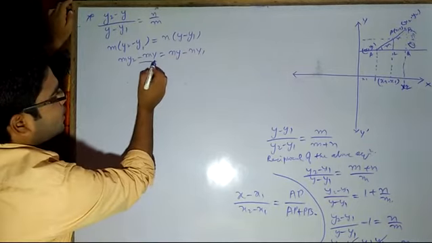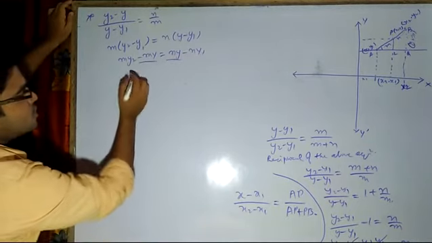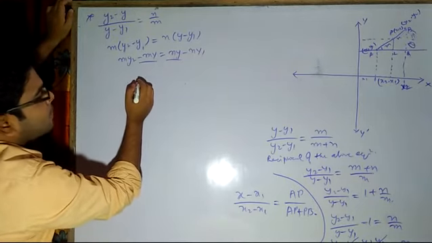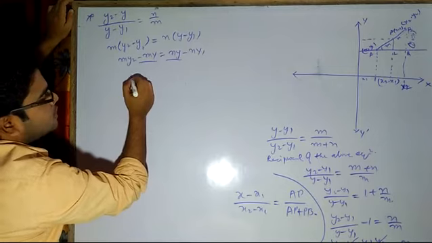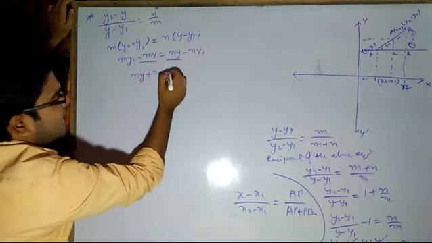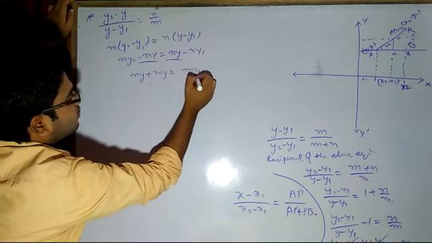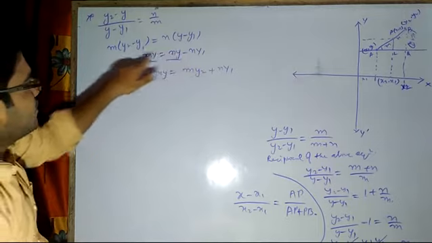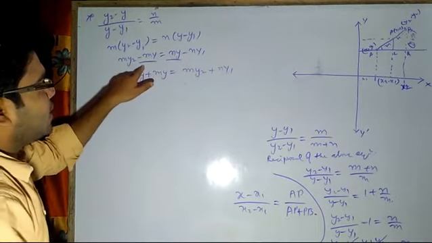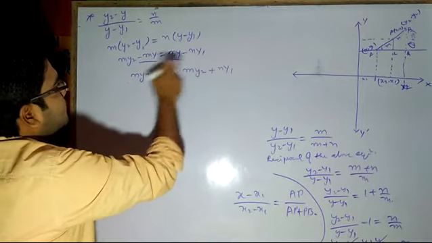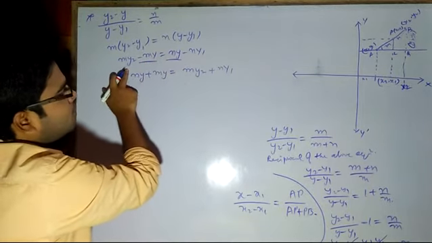Now these are the same terms, so I can do one more thing. I can write n y plus m y, that means this I have sent that side, and this will be equal to m y2 plus n y1. Correct? This thing will come this side, then this will come minus, then on the opposite side it will change sign.